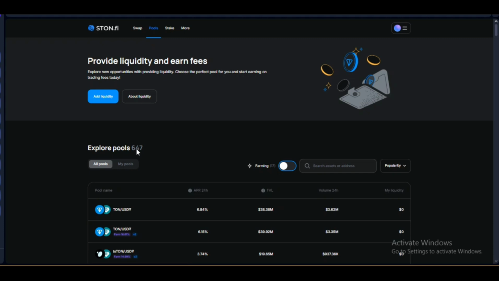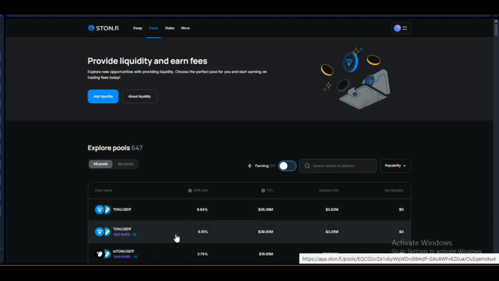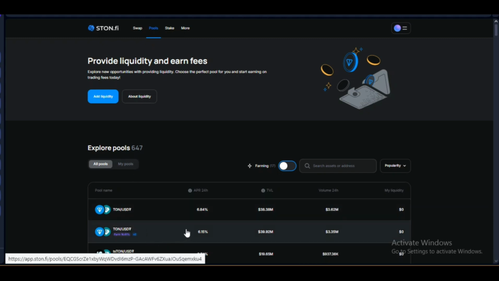Once you do that, just watch your rewards coming in, and that's how we do it. That's pretty much everything about Stonfi, farming and providing liquidity. It's as seamless as it can be.